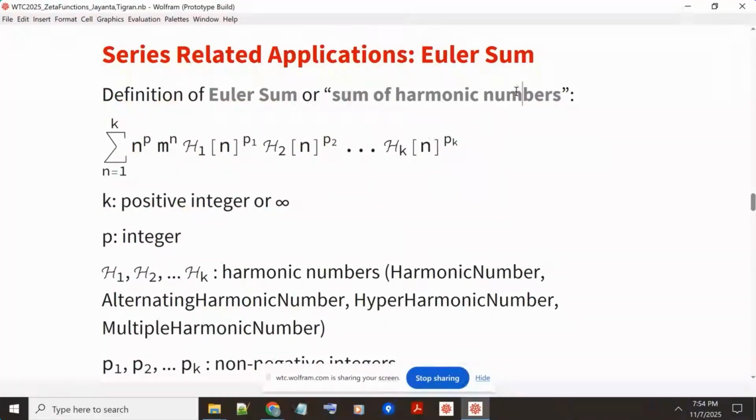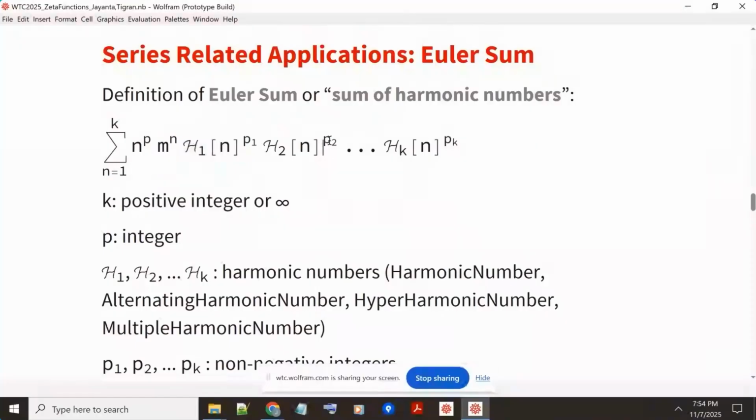The general Euler sum is written as something like this. We have n as the sum index. We have n to the power of something, something to the power of n, and then we have some harmonic number to the power of p1, some other harmonic number to the power of p2, and so on.